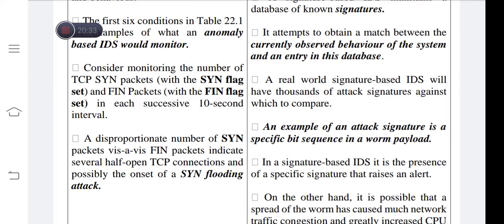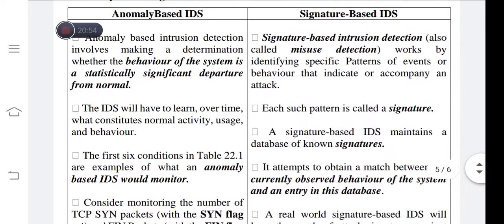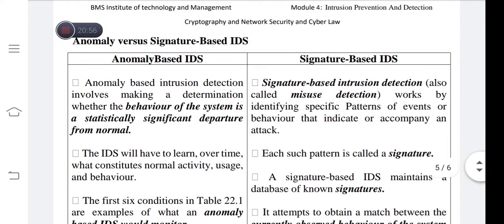It can set the alarm for a SYN flooding attack, depending on the number of SYN packets versus FIN packets once the TCP connection is done. So these are the points with respect to anomaly based.